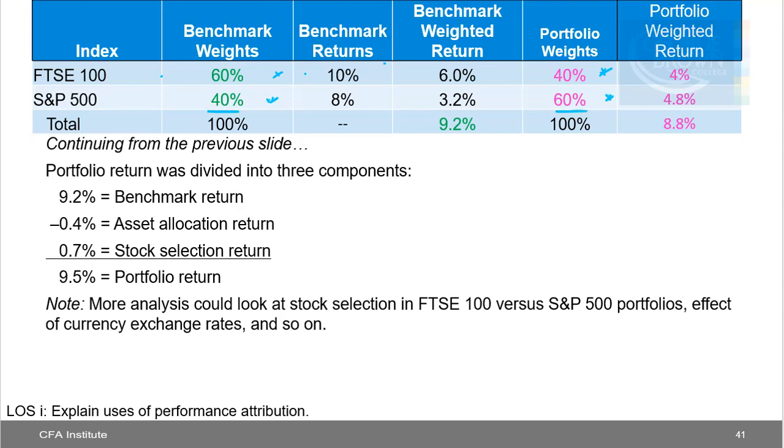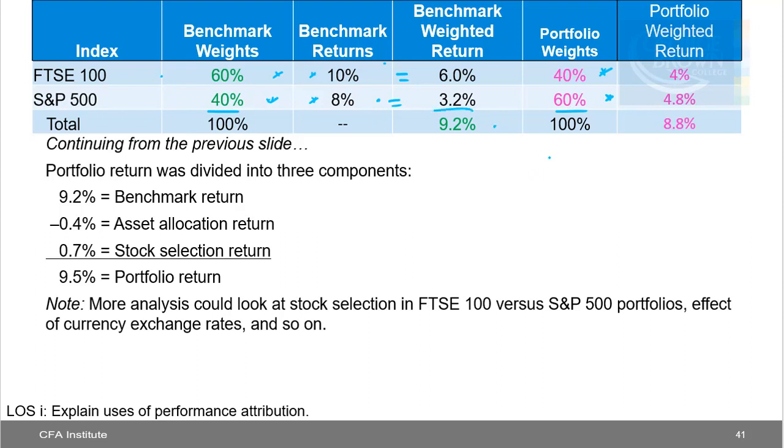And then what happened during the year, the S&P 500 did not do as well as the FTSE 100. The return to the FTSE 100 was 10%, and the return to the S&P 500 was 8%. So if we look at the return for the benchmark index, it's the weighted average. So 0.6 times 0.1 equals 6%, plus 0.4 times 0.08 equals 3.2%.